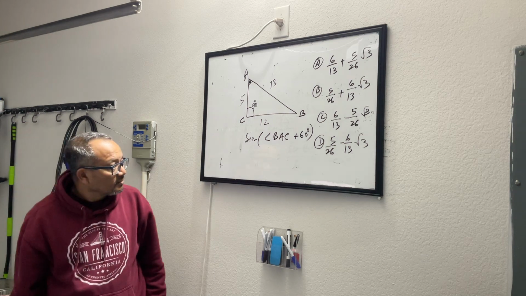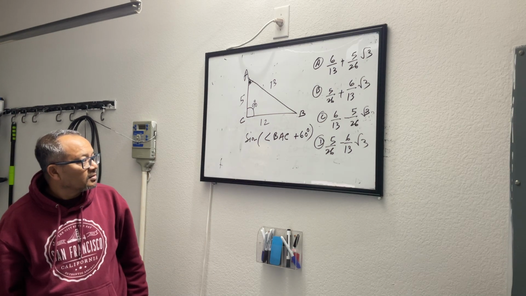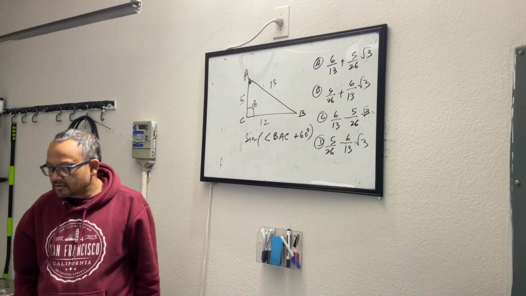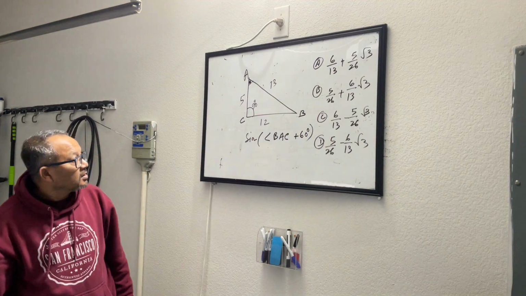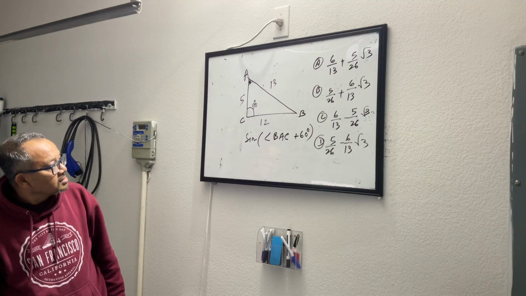Sine BAC. First you can find out angle BAC by using trigonometry.